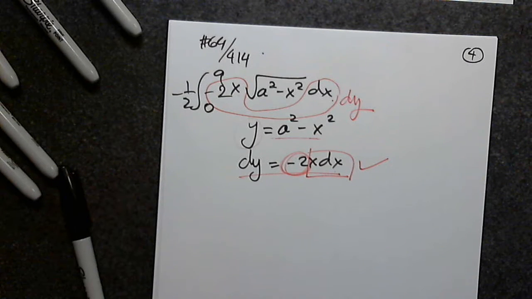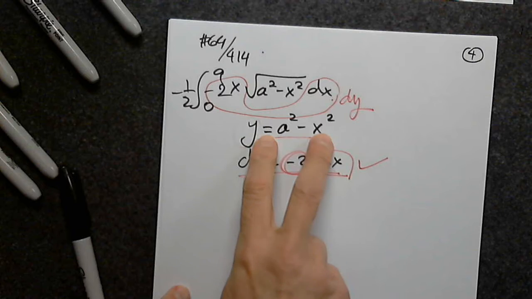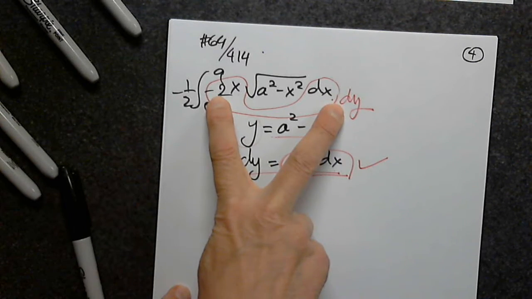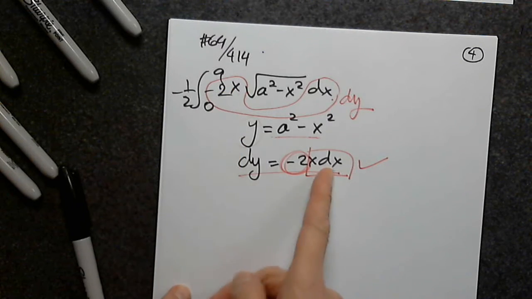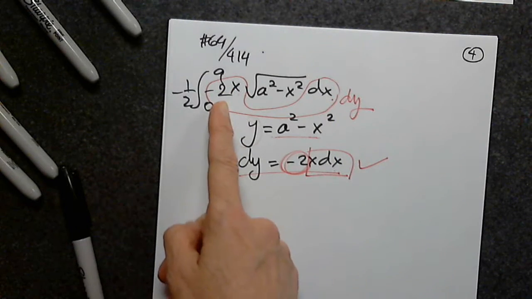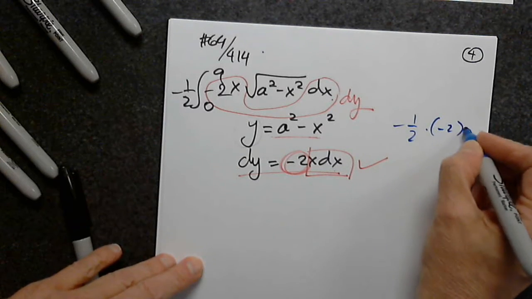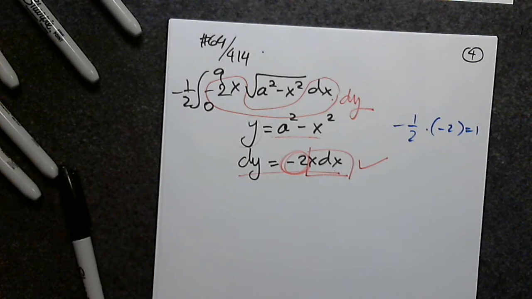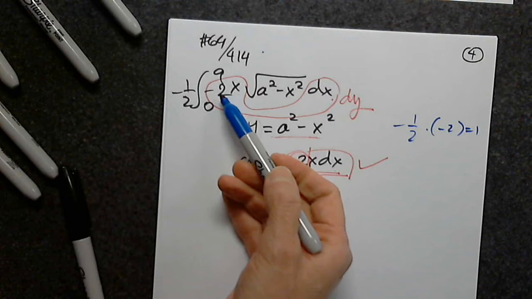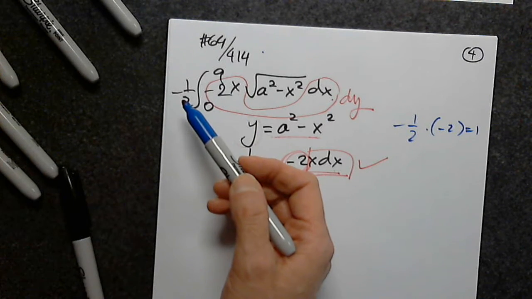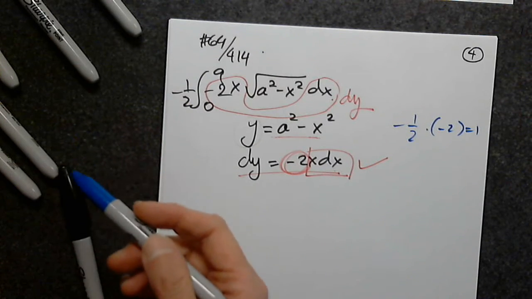Yes? So once I use this substitution and I find the dy, I have to have it here. I do, partially. I don't have the negative 2. But remember, negative 1/2 times negative 2 is 1. So I put a negative 2 inside the integral, and I put a negative 1/2 outside, because I'm allowed to take a factor outside.